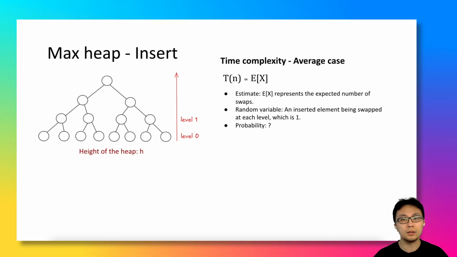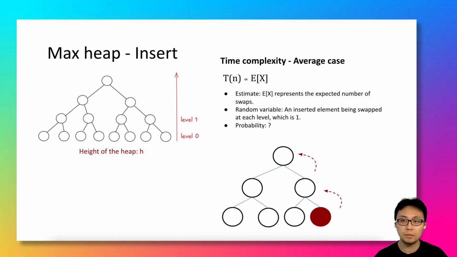The probability of the event of swapping is something worth a detailed discussion. To figure out what the probability, or say the pattern of the probability, is, we need to clarify some assumptions first. A key assumption that we will have here is that the newly inserted element is arbitrary and random. As a result, when it comes to comparing this newly inserted element to any element in this heap, the chance that the newly inserted element is bigger is always 50%.